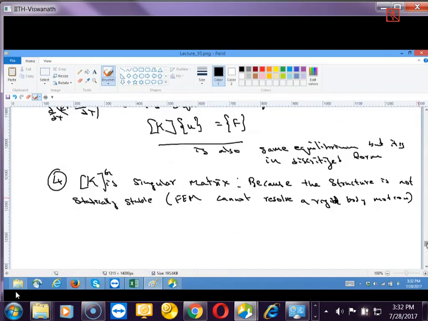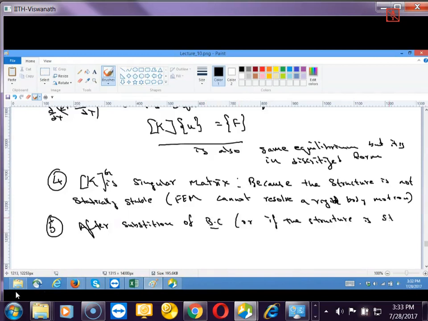Like in the previous class, after substitution of BC, or if the structure is statically stable, then K is invertible.